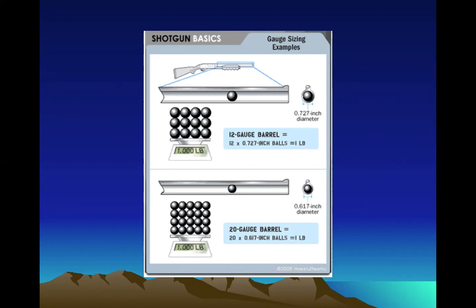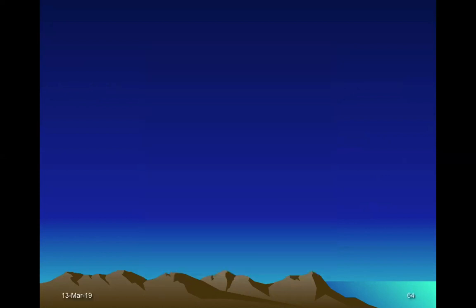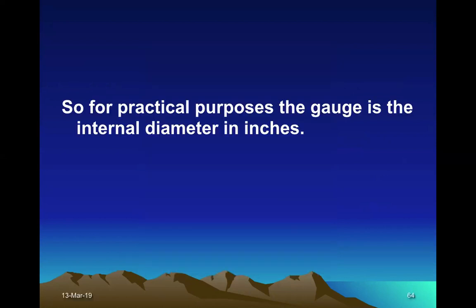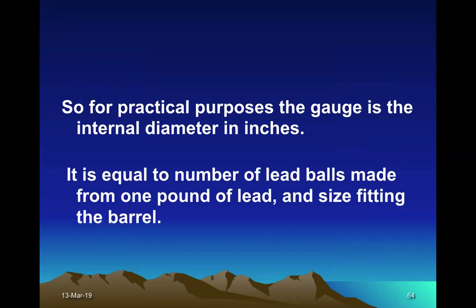And the size is 0.7 inches per ball, whereas the lower one is showing 20 gauge balls for a 20 gauge barrel, and the size is 0.6 inches, equal to 1 pound. So for practical purposes, the gauge is the internal diameter in inches. It is equal to the number of lead balls made from 1 pound of lead, each fitting the barrel.